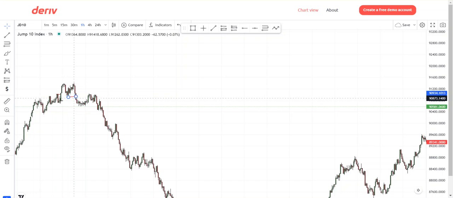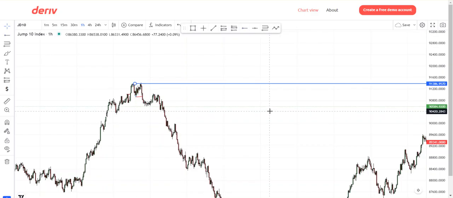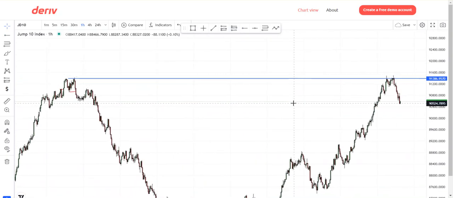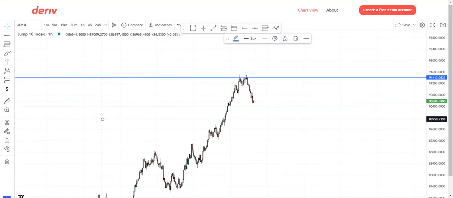There is a liquidity sweep to the upside, and there is a market structure shift to the downside. What we are looking for is what the market would do at this point. You see that there is a reaction, and there is a liquidity sweep at the top. There is just a little bit of liquidity sweep at the top.